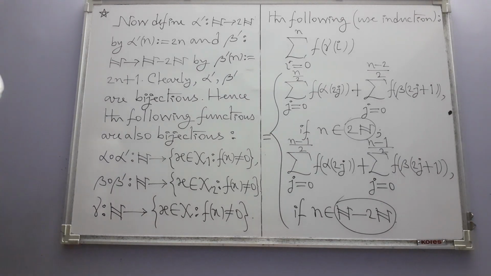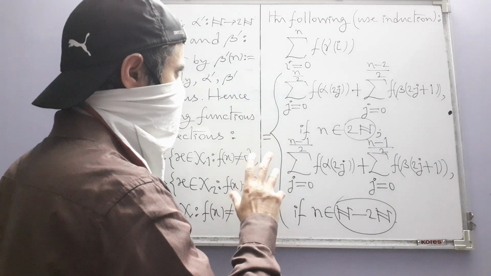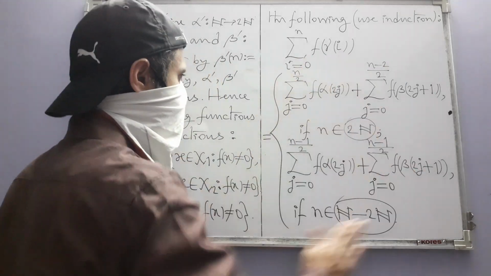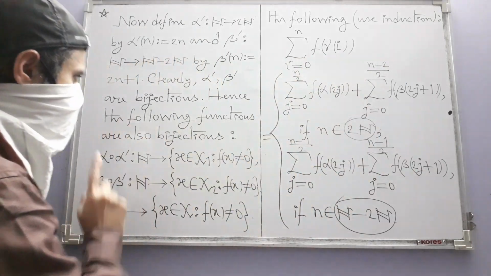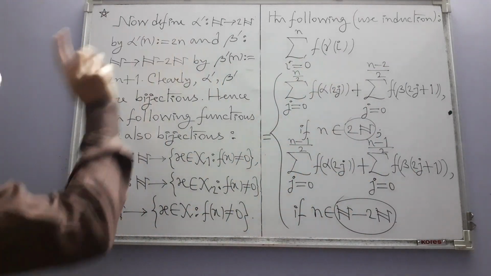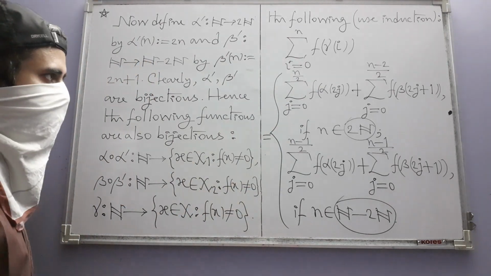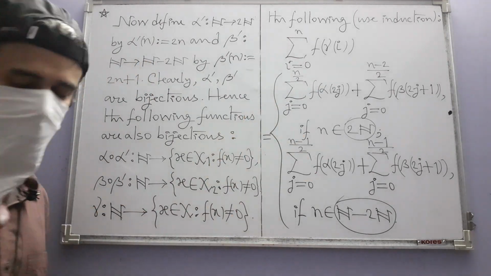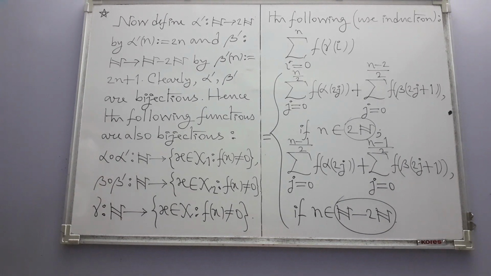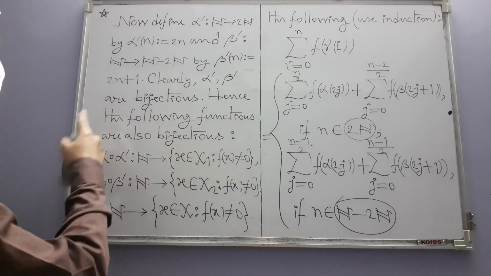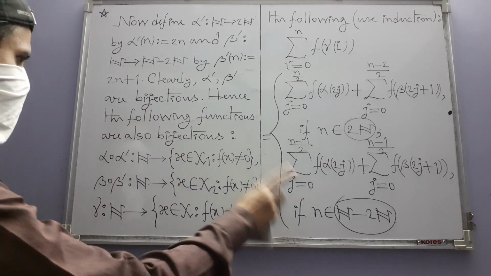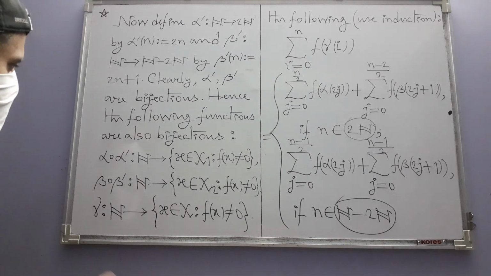Okay, now we use this fact and these new functions alpha prime and beta prime to write something about these formulas. I hope we have already properly seen whatever we have to see in this part. So just to keep that intact for now, I will have to erase this.